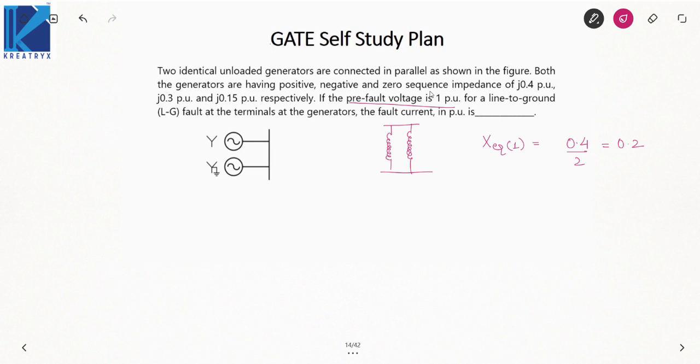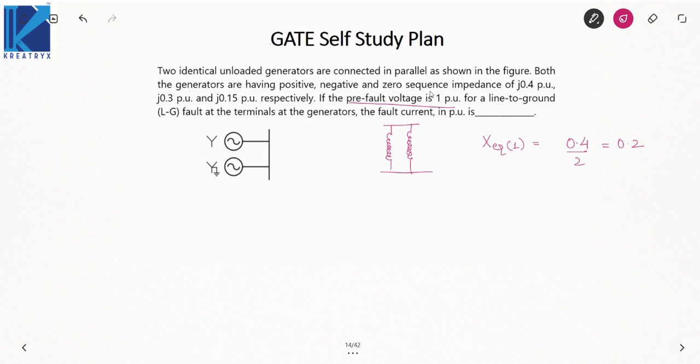Okay. Always remember, no matter what is the nature of the fault, you have to deal with one sequence at a time. That is, first only consider the positive sequence, then only consider the negative sequence, then only consider the zero sequence, and in each case find the equivalent reactance. Getting my point? It does not matter if the fault is LG, LL or LLG.